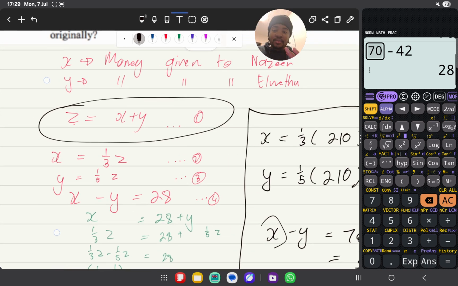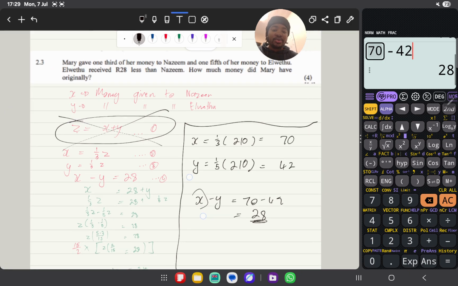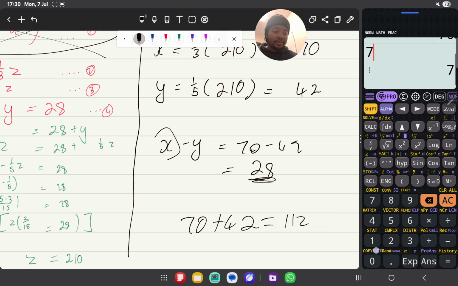So one thing from this question, this is wrong, because even when we prove it, you add the 70 rand plus 42, it's not gonna give you 210, it's gonna give you 112. Let's test it. 70 plus 42. I bet that's it. Let's call it a day, close this chapter. Thank you so much, guys, for the support, and enjoy yourselves.